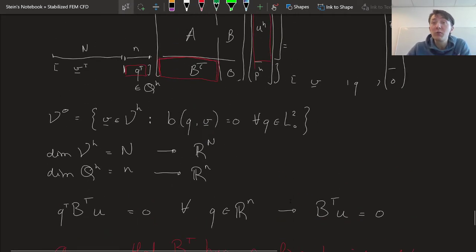Now it can maximally have small n number of independent rows because of the size of the matrix, right?